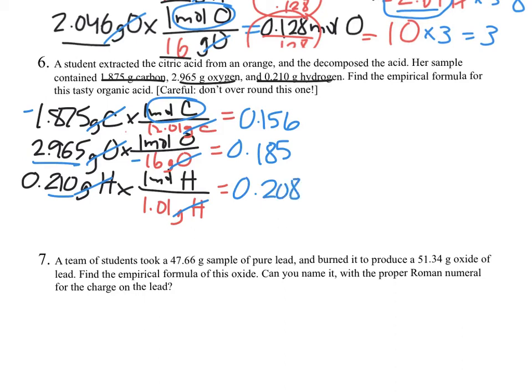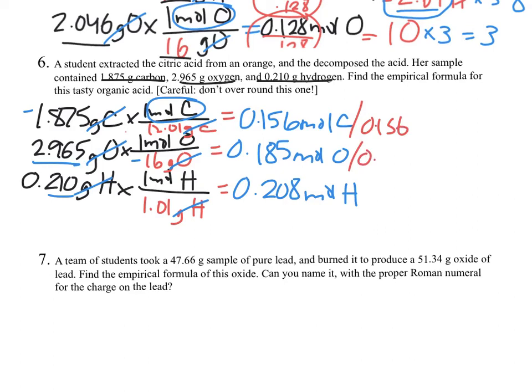All right, so these are moles of carbon, moles of oxygen, and moles of hydrogen. You know what to do now, I hope. Since we have them all in moles, let's divide them by the smallest amount of moles, which is 0.156. So let's divide them.